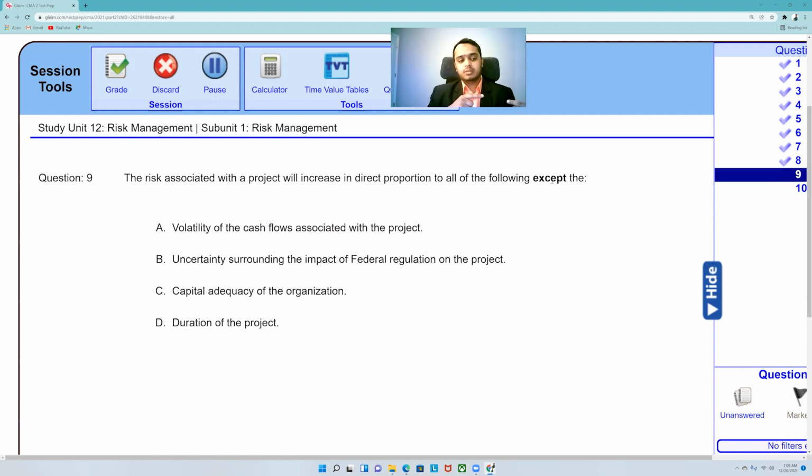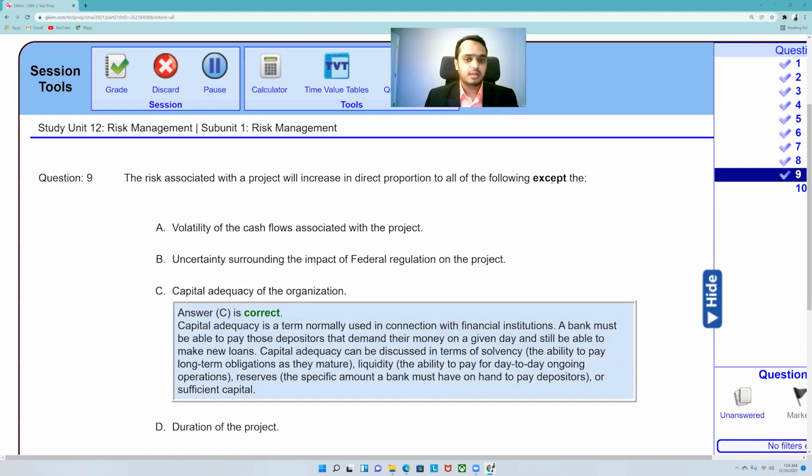Is the risk associated with the duration of the project, that is, how long the project goes? Yes, it will be. So options A, B and D are going in line with the risk associated. So which option is not going in line is the capital adequacy of the organization. And I actually don't have 100% assurity, but the A, B, and D options cannot be the answer. That's what I'm agreeing. So C should be the answer.